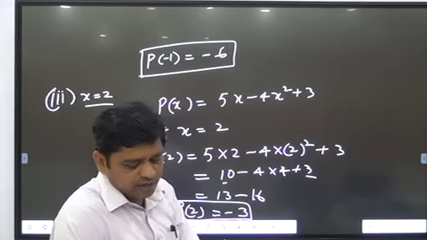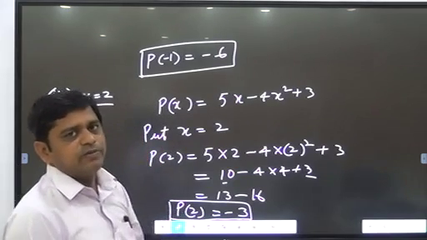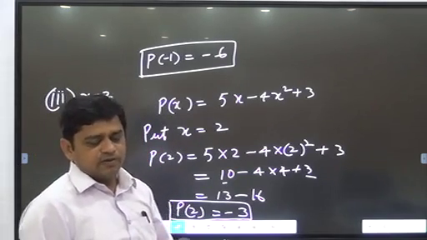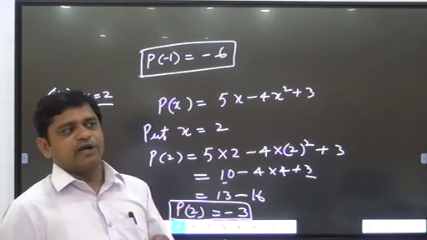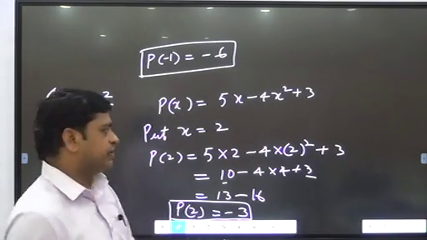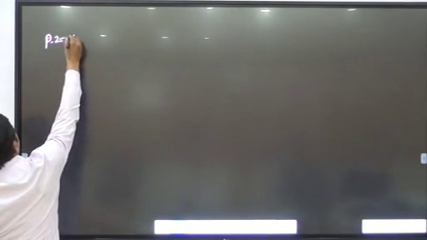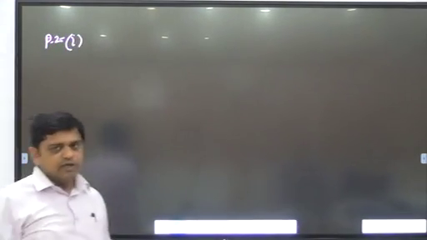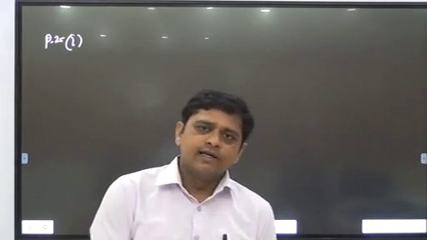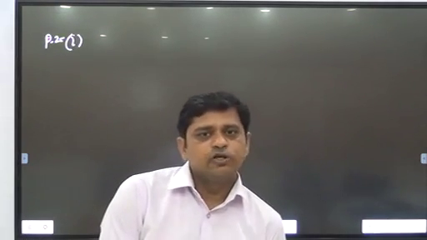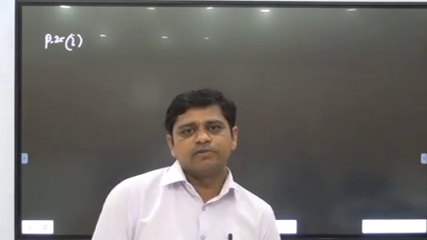Here we have one polynomial in the form of different variables, and we will find different values of the variable in this question. So I will solve question second, first part. If you understand this part clearly, then I believe you can solve each and every part of this question. So try to understand clearly.